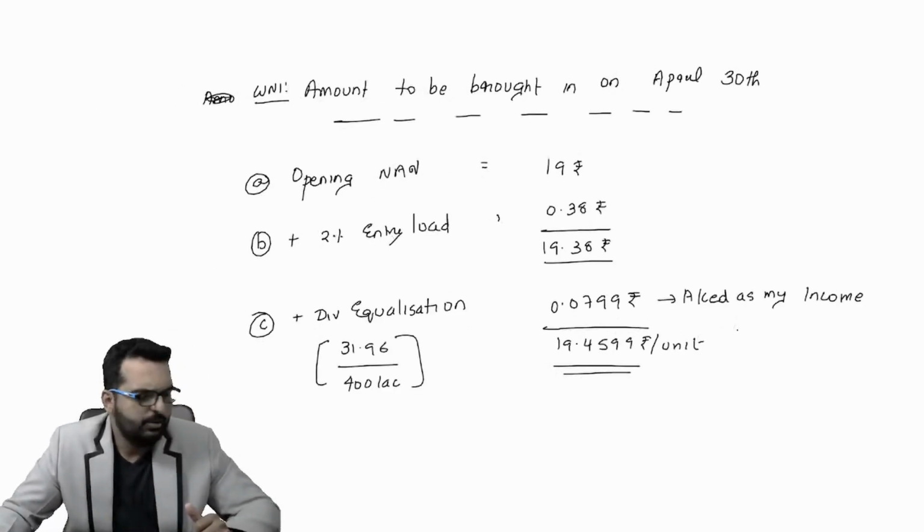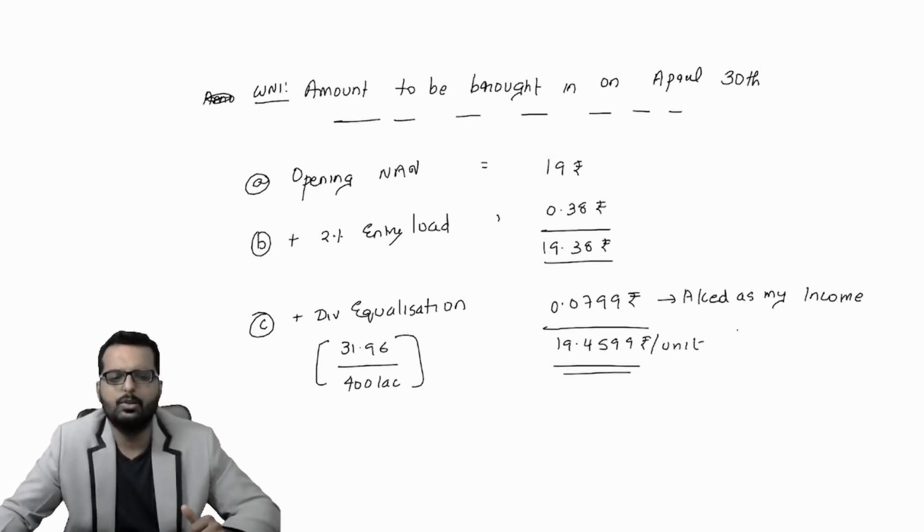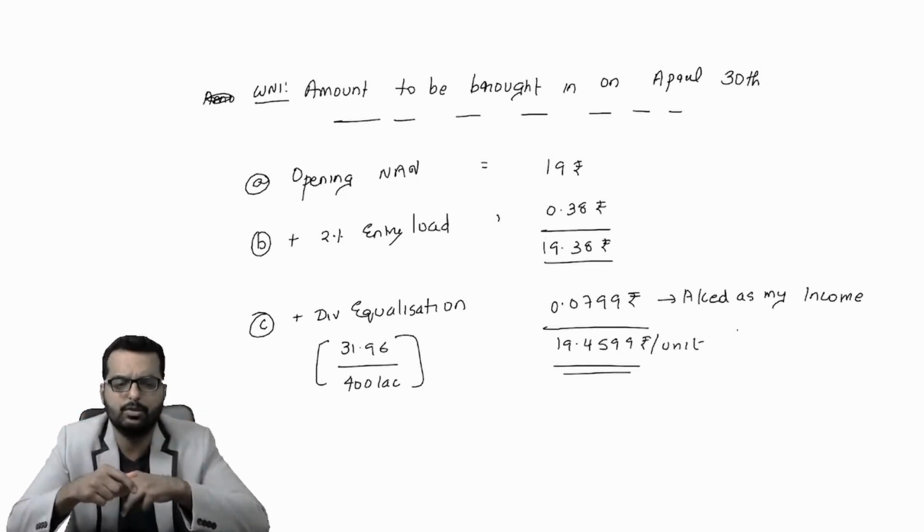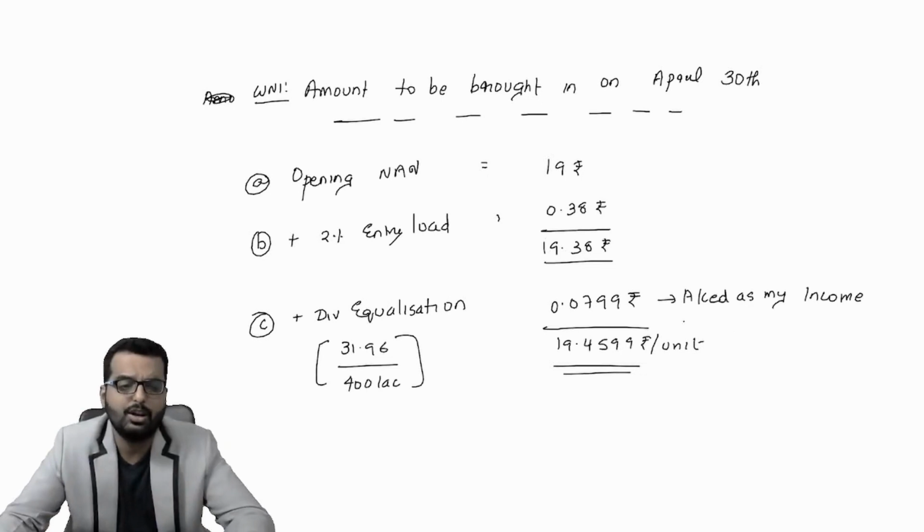All right, friends. I believe you are all done writing this. Fine. So this is how the fund comes in, and this 0.0799 will be accounted as your income.